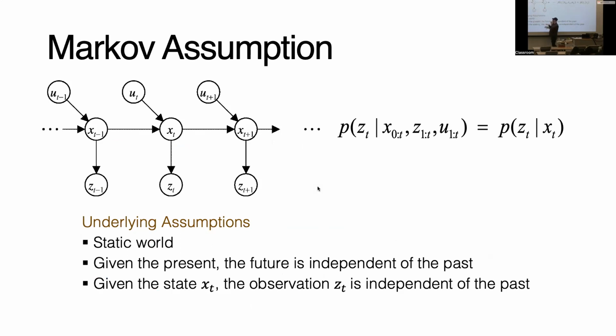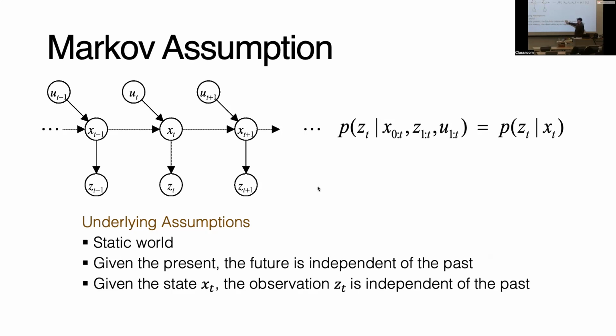The underlying assumptions are we have a static world, that's not changing. And now that's not a great assumption. If you have obstacles in your environment that move, pedestrians, things like that, that's not a good assumption. But we can treat those separately, and that's fine.